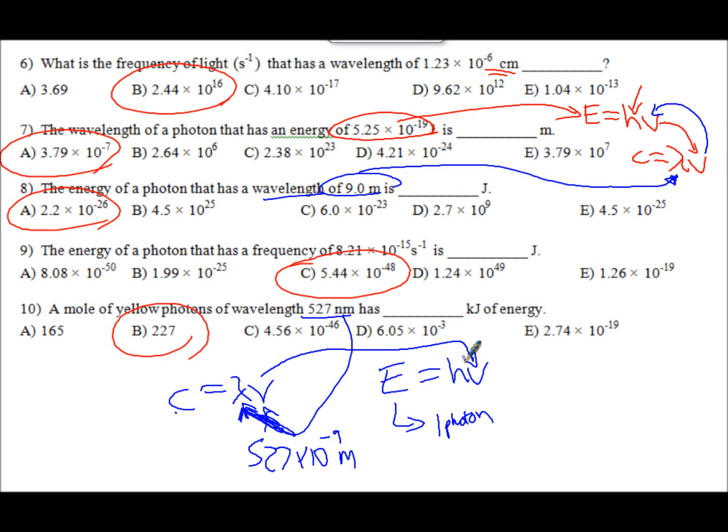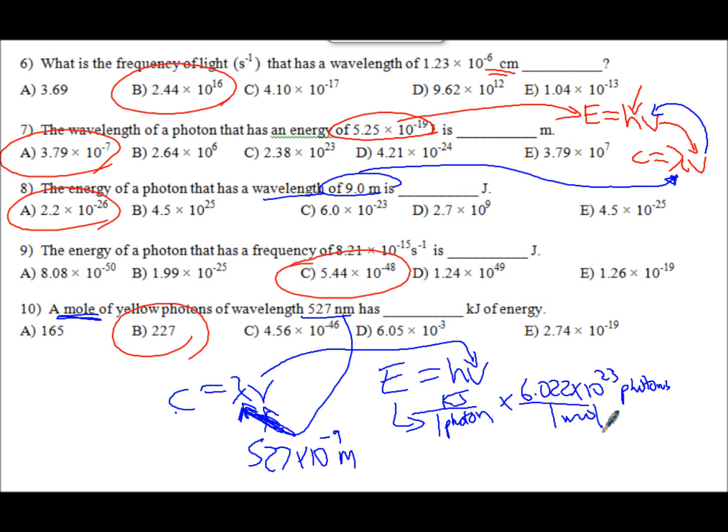This is a mole of photons. So afterwards, you'd have to say, okay, this is the energy for 1 photon. You'd have to multiply that answer. You'd say, well, there are 6.022 times 10 to the 23rd photons per mole, and so then you could get the amount of kilojoules associated with a mole of photons.